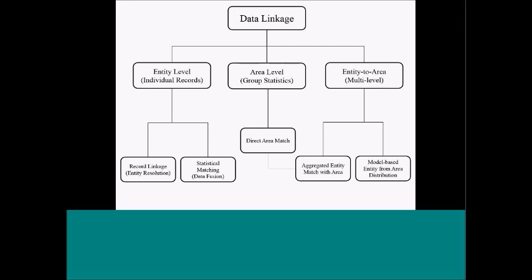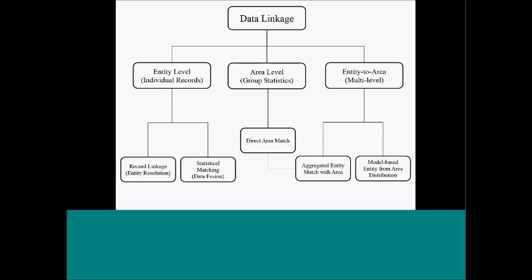So mostly we're talking about this, down on the left side, the record linkage and statistical matching, and that's what Jerry talked about. I just wanted to try to bring up a complete picture of all the issues that might be out there.